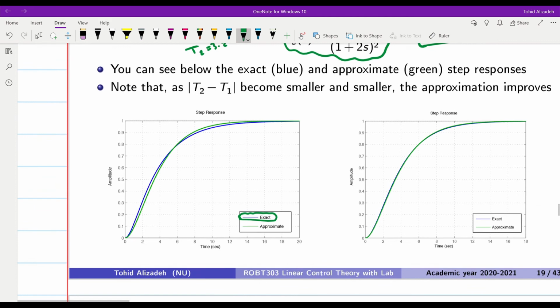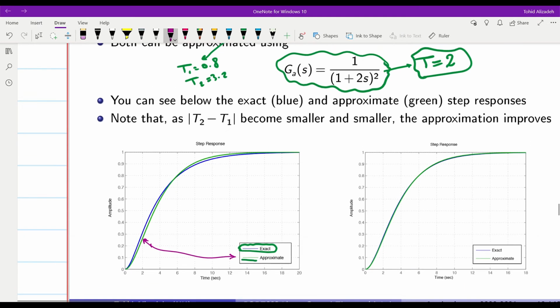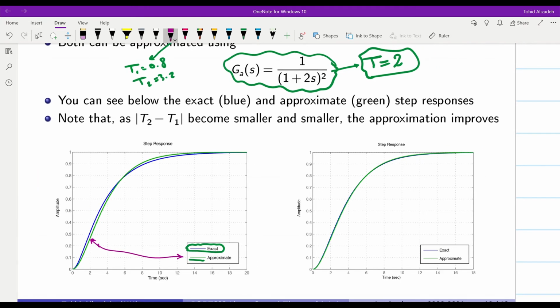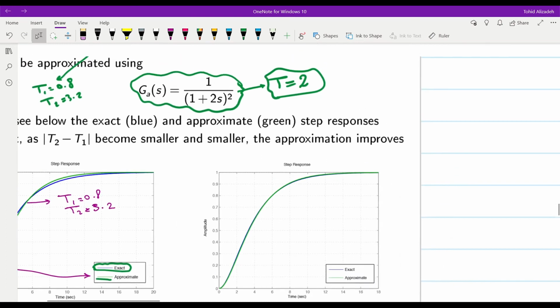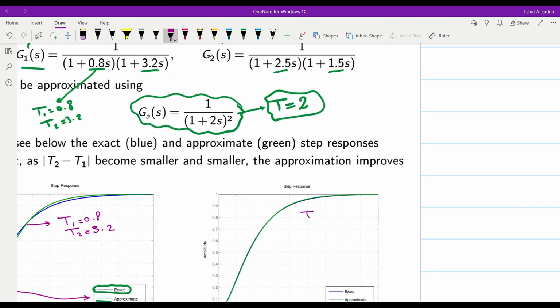And what we have in green is the approximate response of a critically damped system with T equal to 2. So here we had T1 0.8, T2 3.2, while in the second case for G2 we have T1 equal to 2.5 and T2 equal to 1.5.